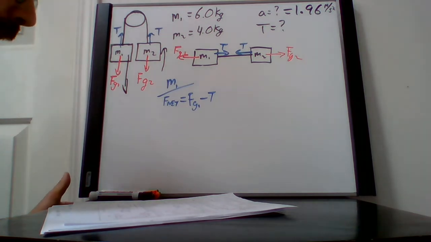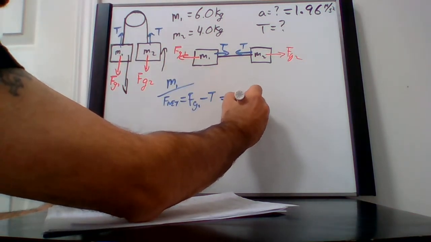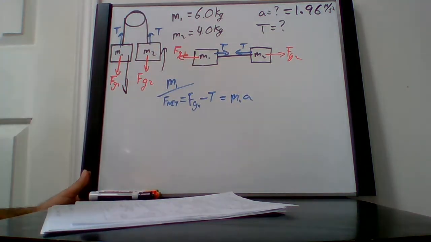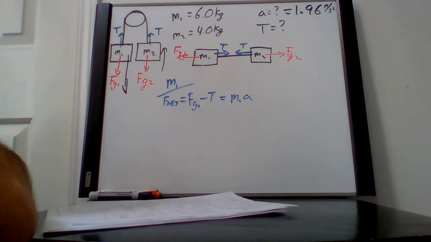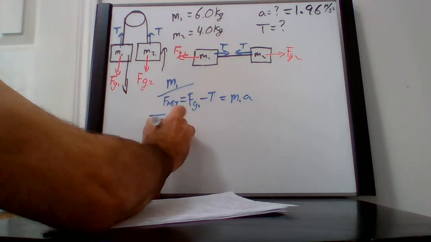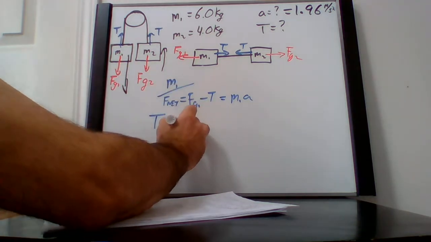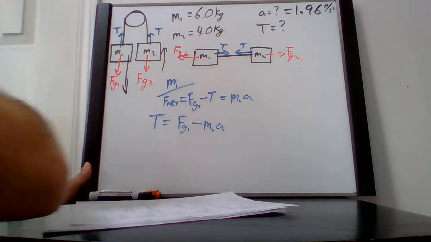Okay? And we know that since we're talking F net, this is M1 times A, because we're only talking about that individual mass, not the total system. So we can then say tension is equal to Fg1 minus M1A.